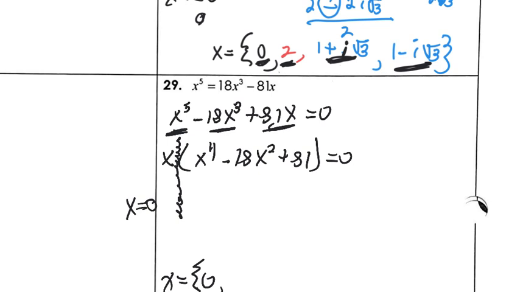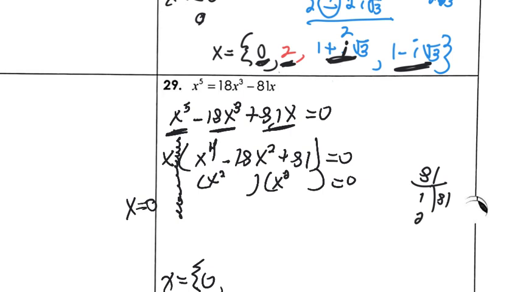And the second solution is, well, I think I can continue that. In fact, I think I can factor that. Maybe. I'm going to try it. x squared, because I know x squared times x squared is x to the 4th power, right? Let's see if this works. So 81: 1 times 81, 3 times 27.